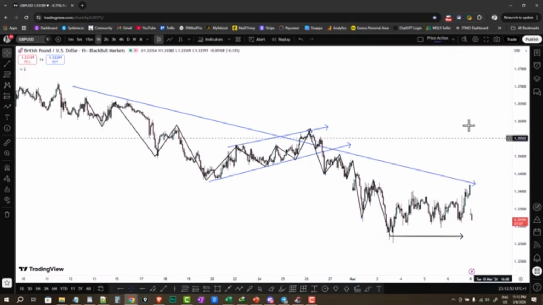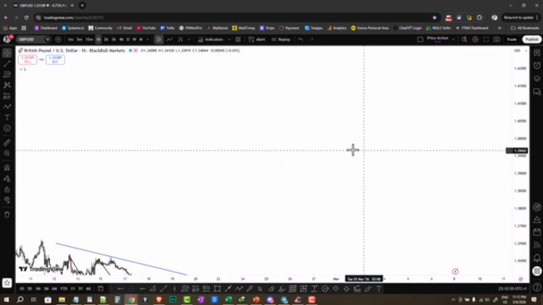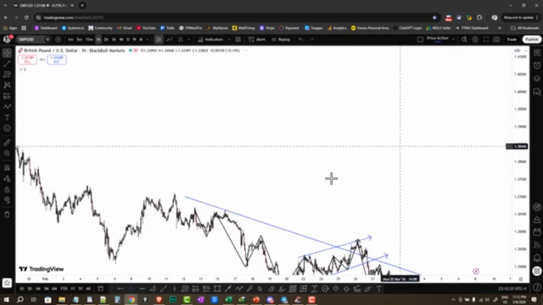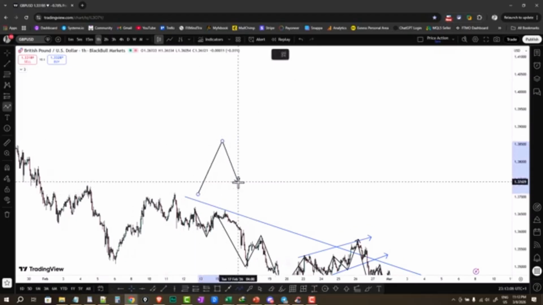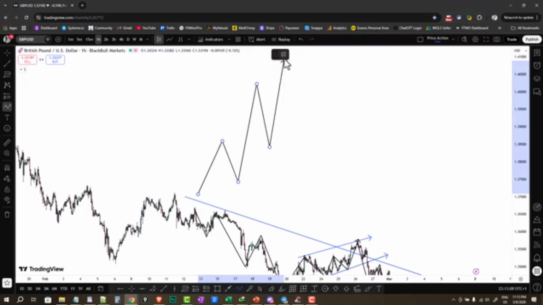Okay, let me quickly move the charts a little to make this illustration so that it's going to be easy for you to see. You see, in a typical uptrending market, like I just told you moments ago, price is going to be forming higher highs and higher lows.